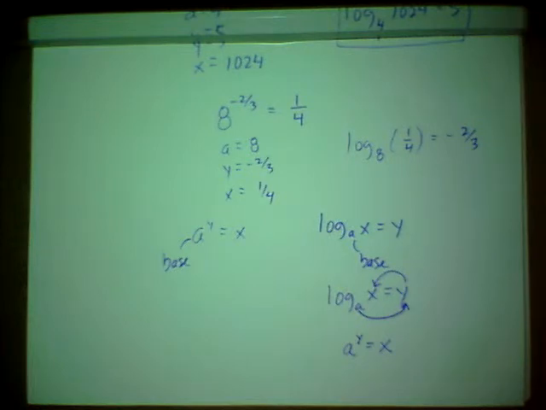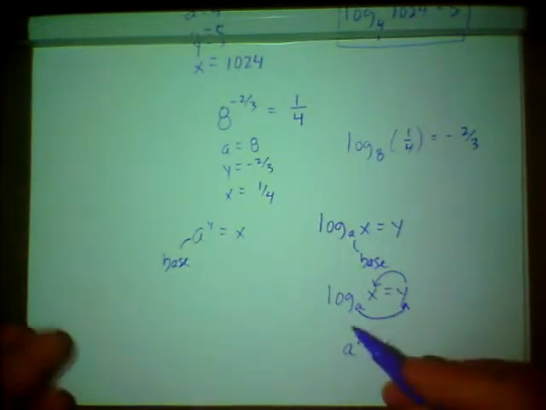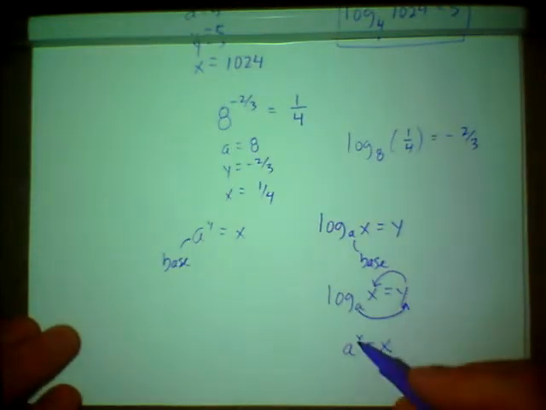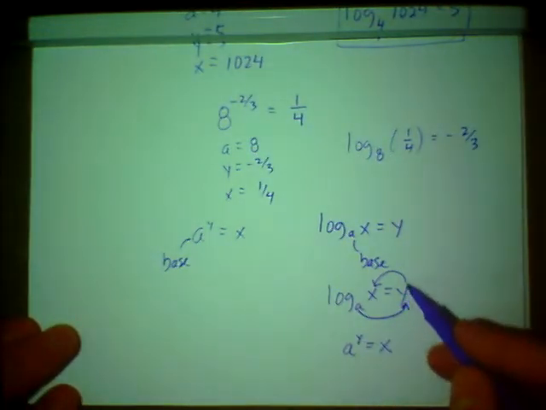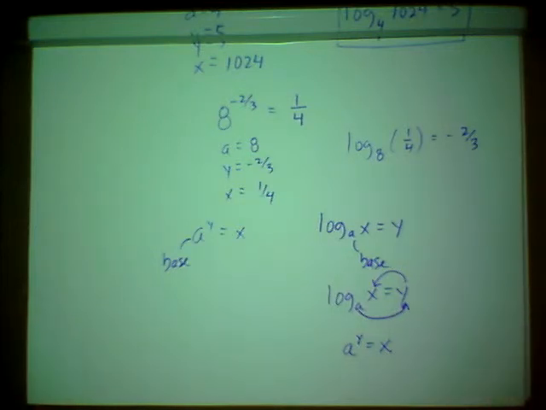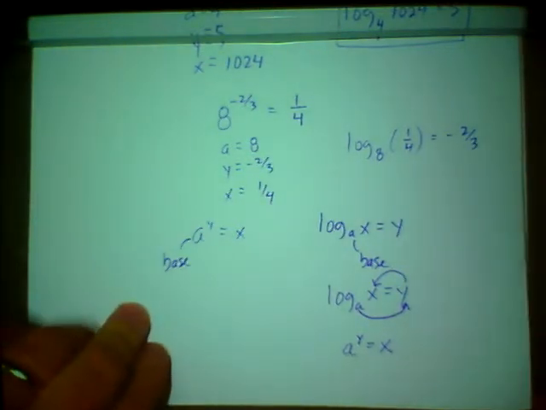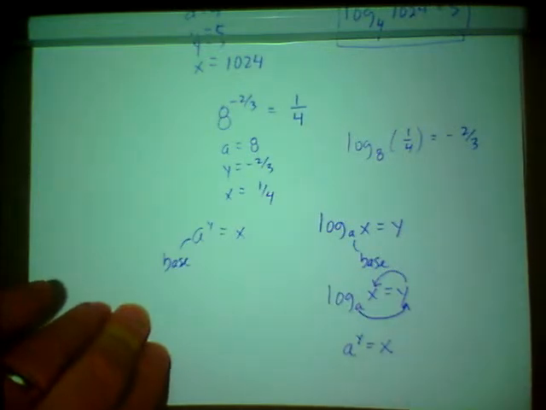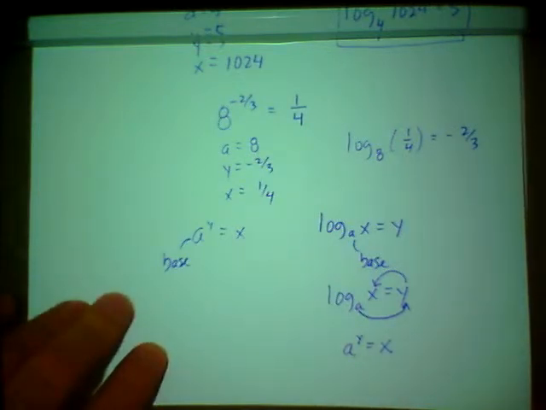So the key to that is, you always start with your base, so write your base as the base for your exponential term, and then you go counterclockwise, the y becomes the exponent, and you go on around to the x, and here you are. So now, let me show you both methods, and then you can choose whichever way you prefer.